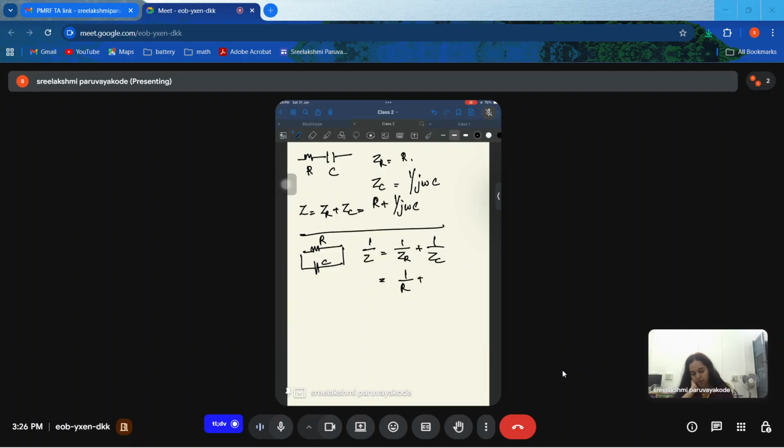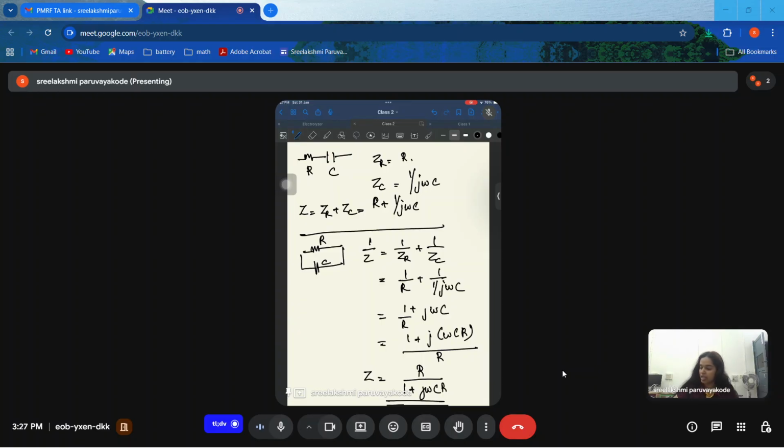That is 1 by R plus 1 by 1 by j omega C. So that is nothing but 1 plus j omega C R over R. So Z equal to R by 1 plus j omega C R. So this is how we can do it when they are in parallel to each other.